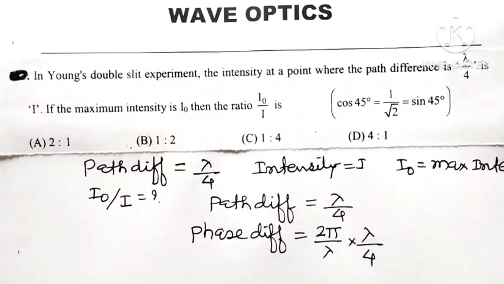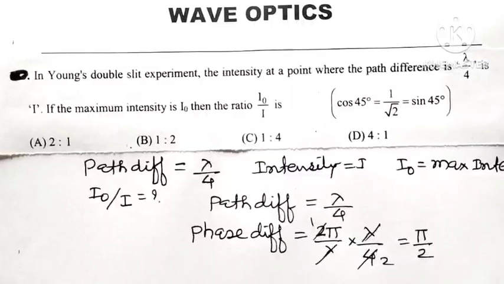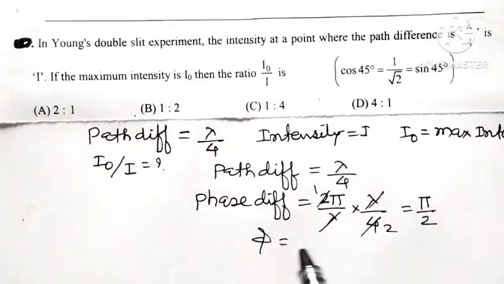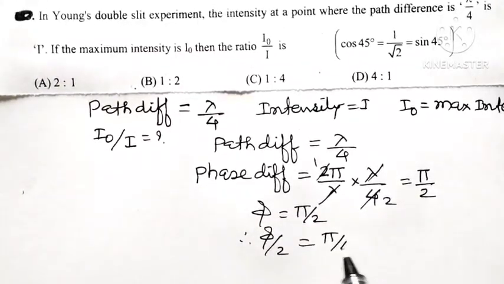Lambda cancels with lambda, 2 ones are 2, 2 twos are 4, so that is equal to pi by 2. So phase difference phi is equal to pi by 2. Therefore, phi by 2 is equal to pi by 4.